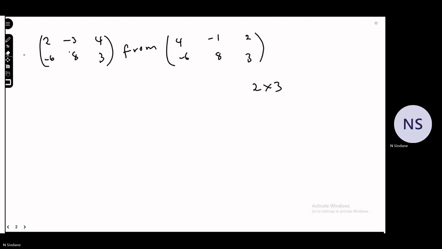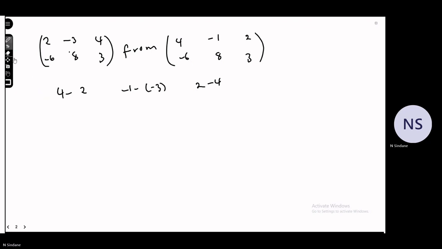So we will have 4 minus 2, then -1 minus of -3, then 2 minus 4, and then -6 minus of -6.